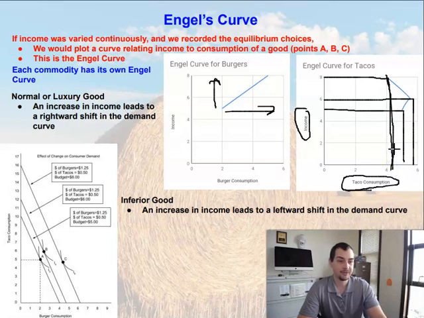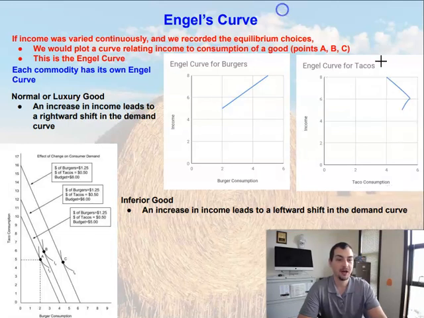So what happens? At these lower levels of income, as it went from 5 to 6, we had a normal good where income rose and quantity rose. Then as we go from $6 to $8 of income, we see an increase in our budget, yet the amount that we consume actually falls.